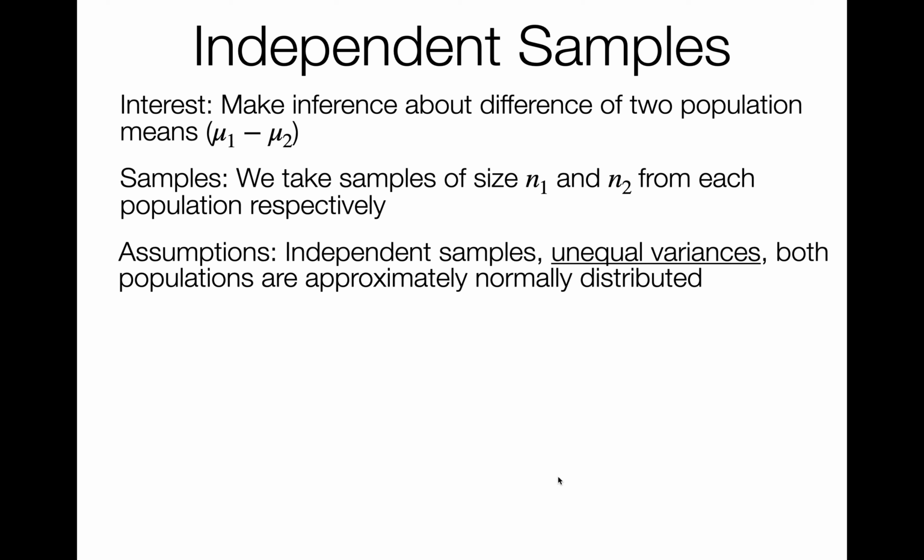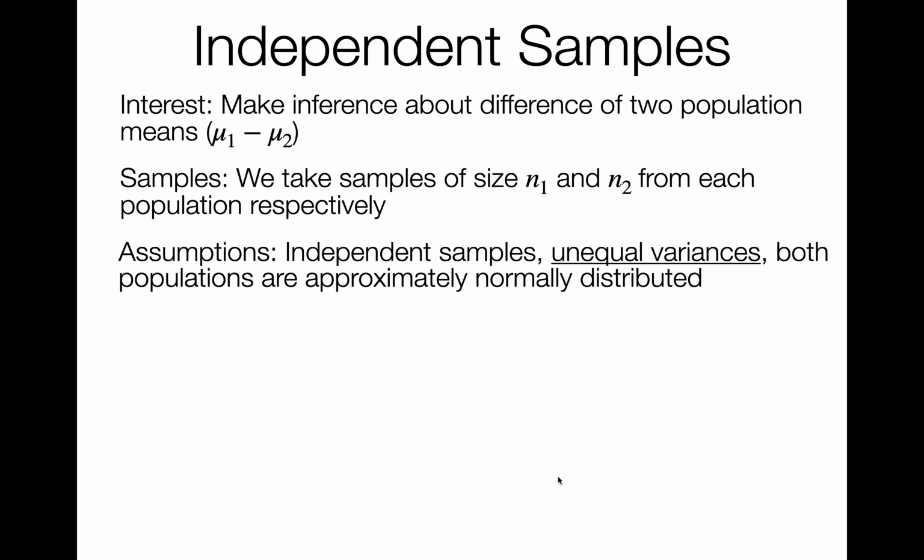The assumptions that we have for both the confidence interval and the hypothesis testing for the first case that we're looking at are that you have independent samples. We're in the independent sample section, so hopefully that would be an assumption. But your samples are independent, meaning that one has no effect on the other.